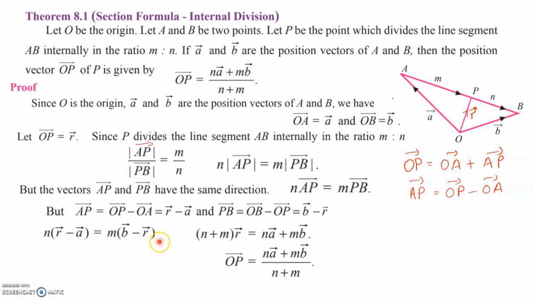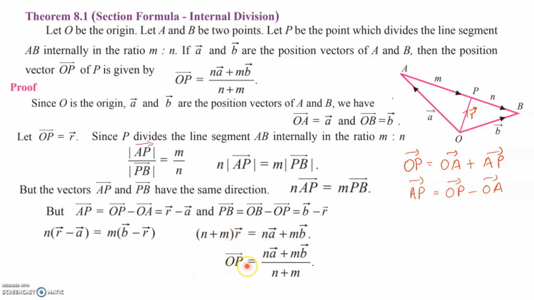that, rearranging this, bringing this to the other side, (n plus m) times the vector R is equal to n times vector A plus m times vector B. And if you bring this to the other side into the denominator, R vector is nothing but OP.